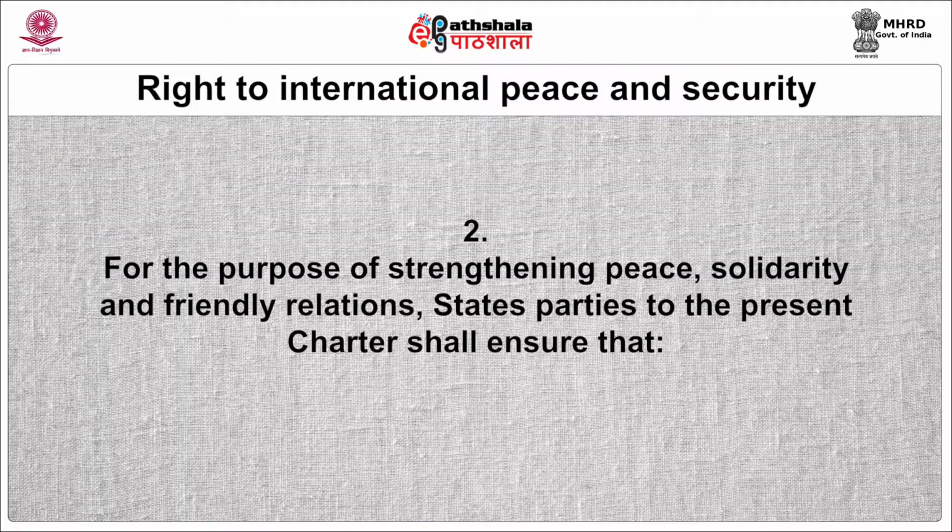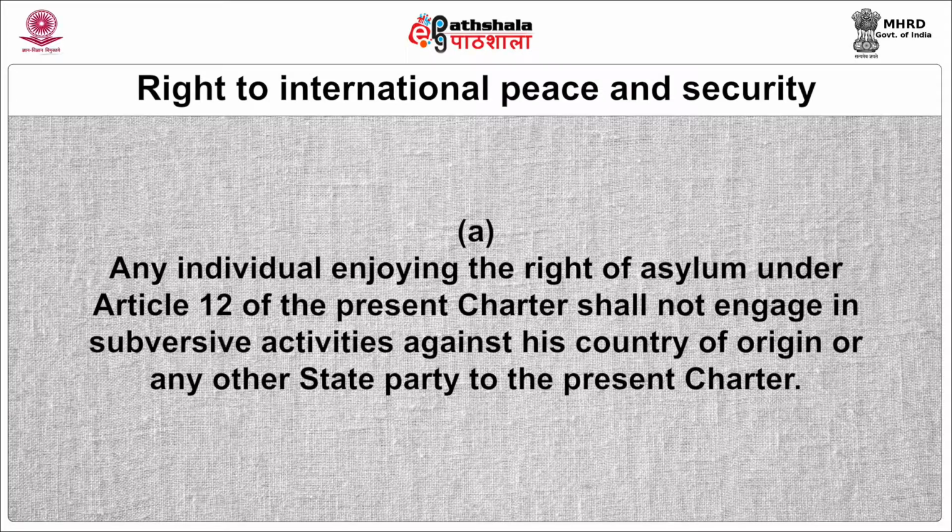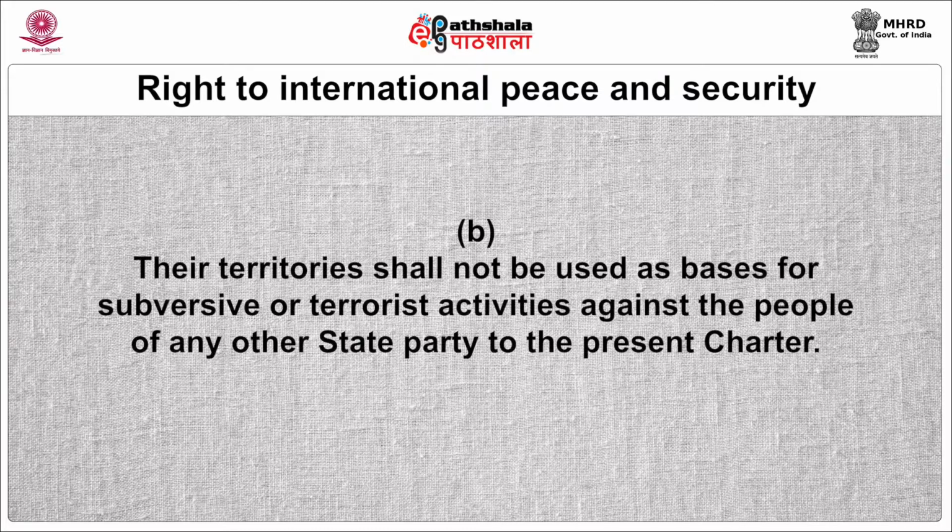For the purpose of strengthening peace, solidarity and friendly relations, state parties to the present Charter shall ensure that any individual enjoying the right of asylum under Article 12 of the present Charter shall not engage in subversive activities against his country of origin or any other state party to the present Charter. B. Their territories shall not be used as bases for subversive or terrorist activities against the people of any other state party to the present Charter.